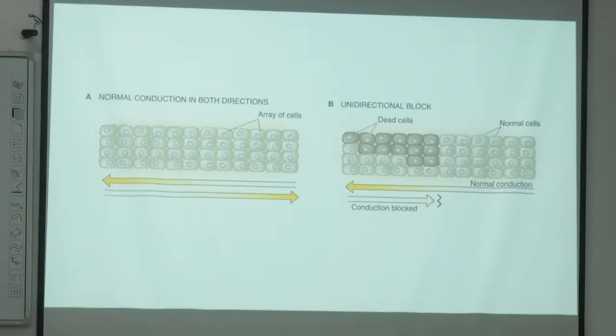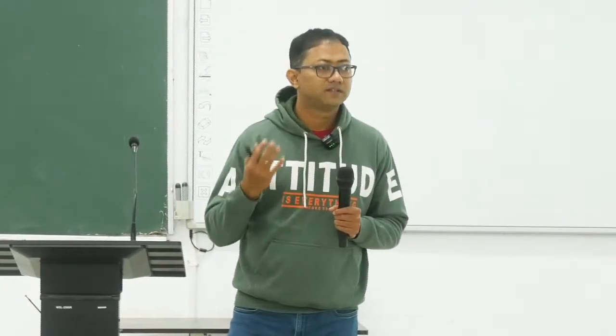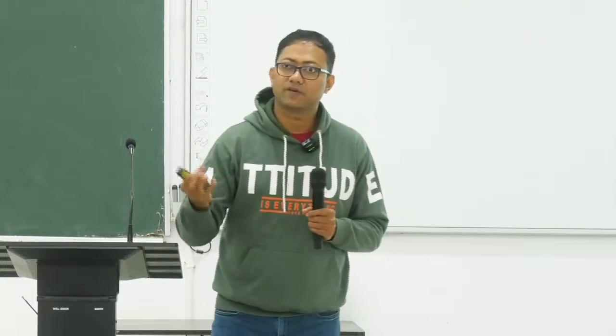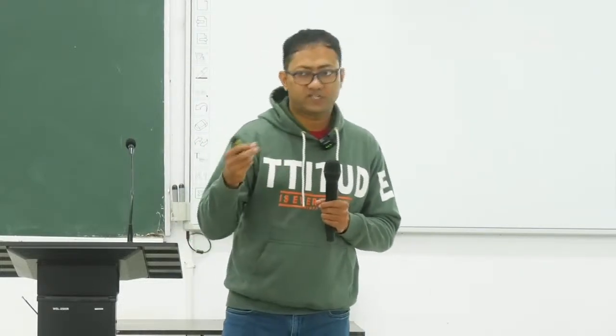Now, through the myocardium, small electrical impulses pass. We call it action potential. From one myocardium to another myocardium, the passage of a small electrical impulse is called action potential.